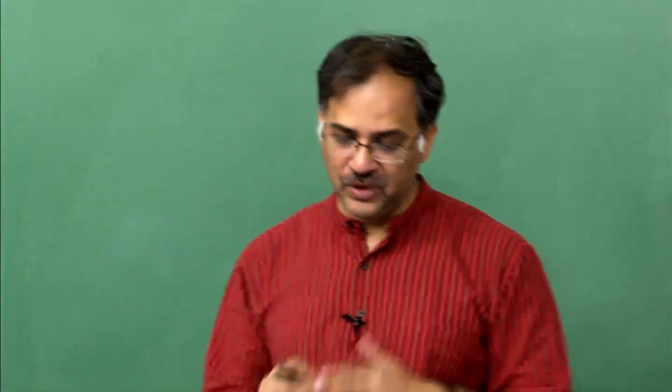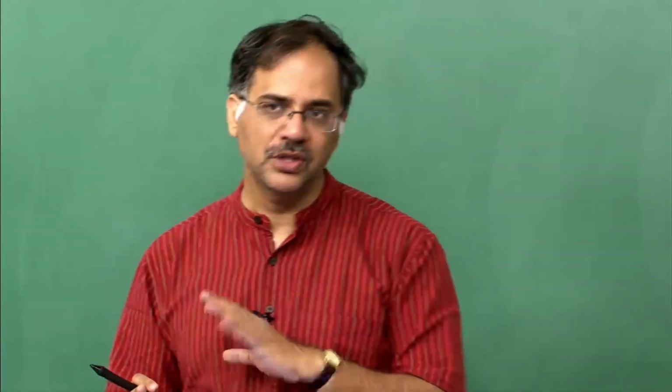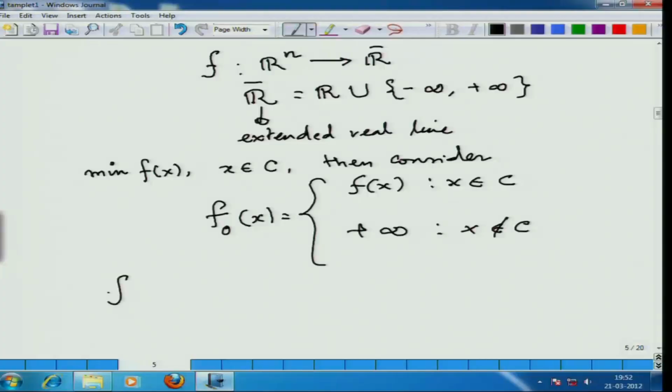This is nothing but a theoretical model of the penalty function method, which is quite a common method in solving constrained optimization problems. So, this f naught, if f is convex, is an extended convex function.